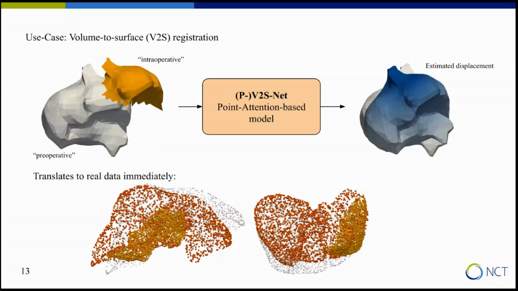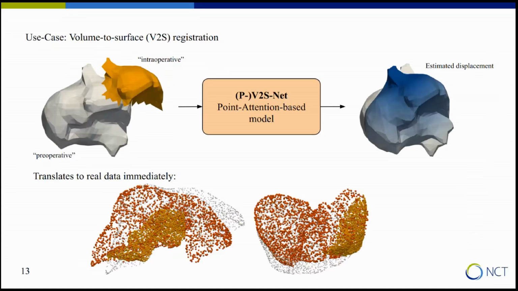Here's an example. The white mesh is a real liver mesh, and the yellow is the real intraoperative point cloud, a small point cloud that we have gotten from the operation. And then the network estimates the displaced red mesh for each point inside the volume.